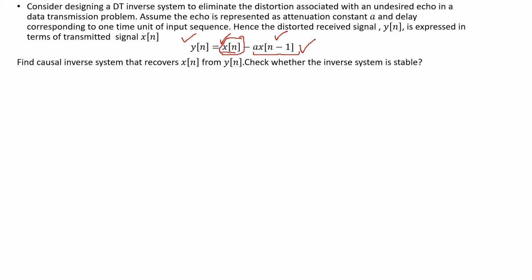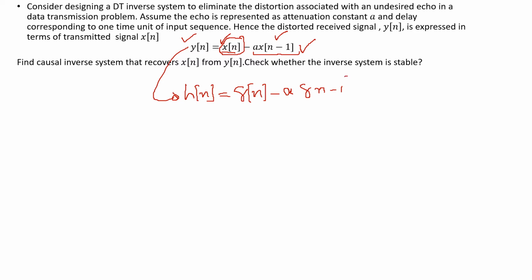You understand what is impulse response? Impulse response is the output of the system when the input is impulse. So we can put here h of n. So h of n of this system as defined can be obtained by impulse of n plus a times impulse of n minus 1.